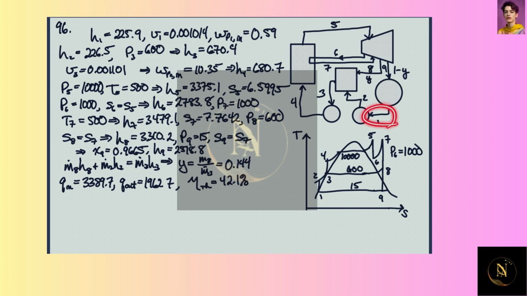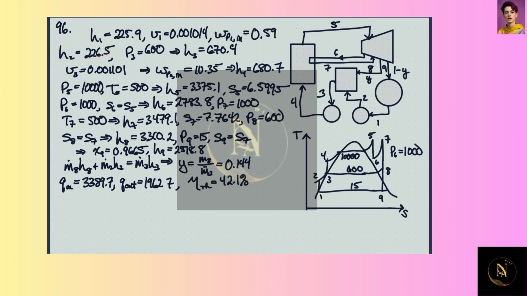So we can start looking at coming out of the condenser. Everything is isentropic in this case. So coming out of the condenser, we know the specific volume, we know the pressure difference across the pump, so we can get the specific work being put into the pump, and then we can get the enthalpy coming out of the pump.